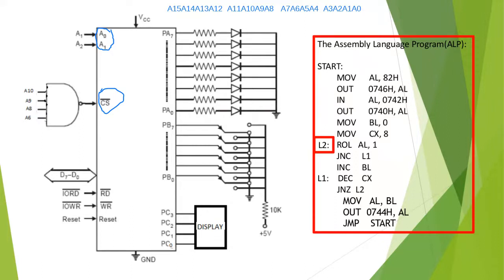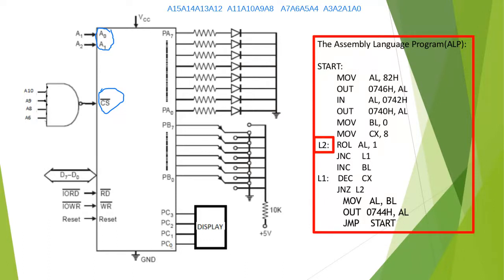And A11 is also not used here, so A11 we can put as don't care. Then A10, look here, A10 is in use. It is the input of the NAND gate. A NAND gate gives a zero output only if all the inputs are 1.